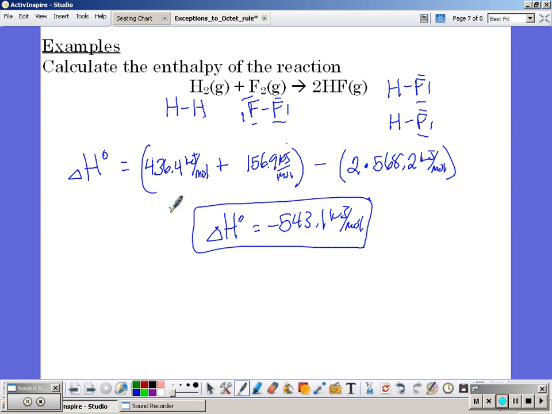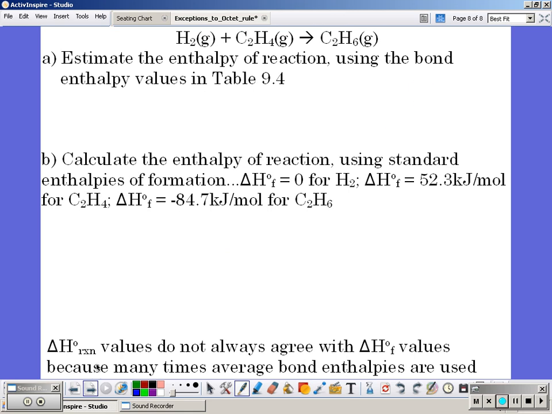All right, so estimate the enthalpy of reaction using the bond enthalpy values on table 9.4, which is on page 401. So hydrogen would be just one hydrogen bond. C2H4 would look like this. And then C2H6 would look like this.